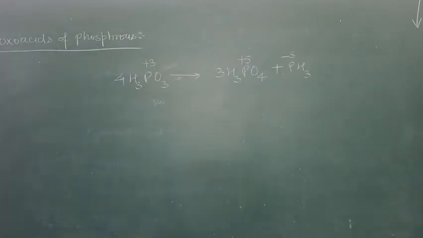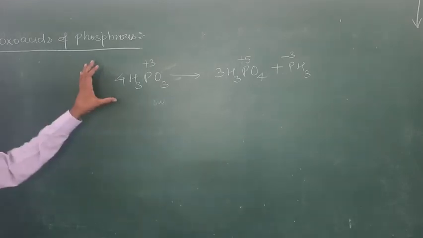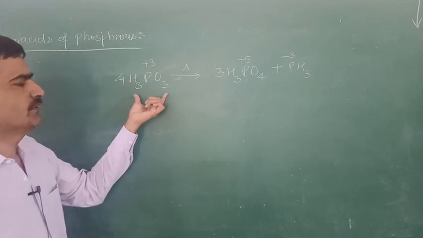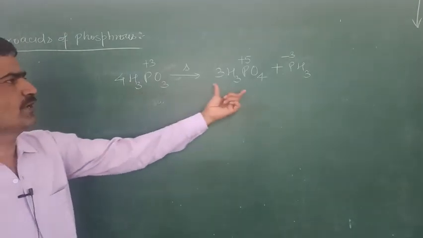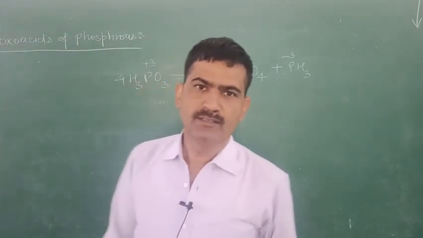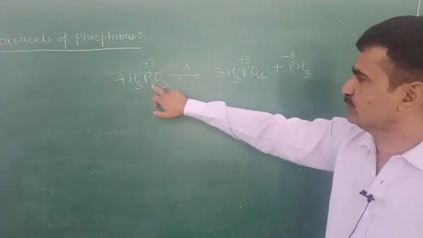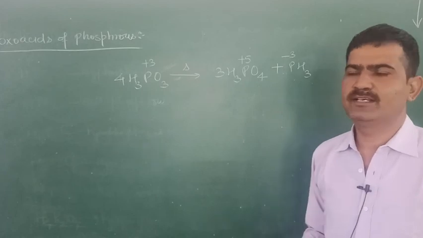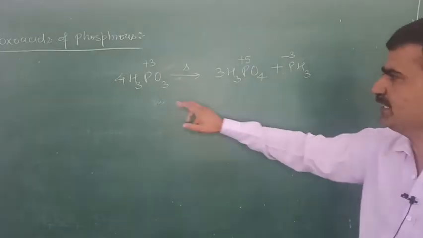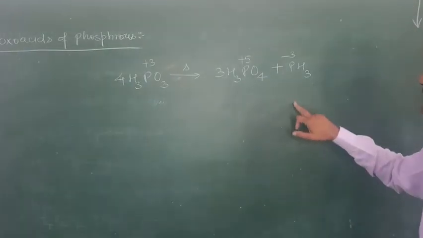Now students, another important question: what happens when you heat H3PO3? When you heat H3PO3, it changes to phosphoric acid and phosphine gas. What is important here is that phosphorus undergoes a disproportionation reaction. There is an increase in oxidation state, and in the same reaction there is a decrease in oxidation state.